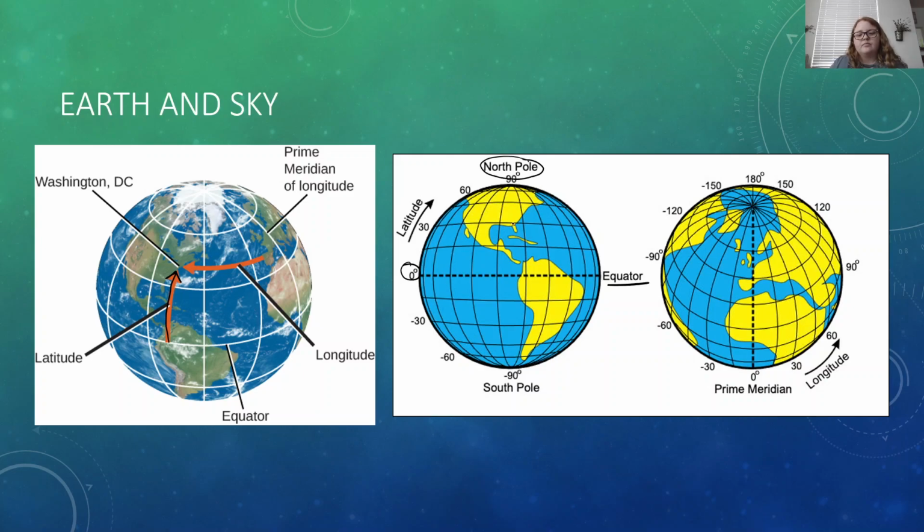So that is how we do the latitude portion. These are the lines going horizontal to count all the way up to the North Pole. Then we can also go below the equator to the South Pole, and that we count in negative values. You can see here the first value that's marked is negative 30 degrees, then negative 60, all the way to negative 90 at the South Pole.